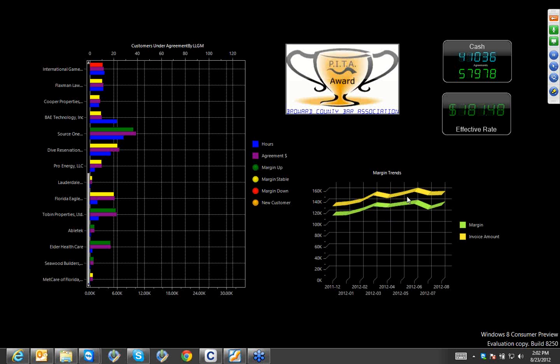The other way that I can get an idea of how we're doing financially in our managed service practice is by looking at the effective rate. The effective rate is one of those things that people are used to looking at. Basically, if I look at all of the revenue that we have coming in from agreements, and I divide that by the total number of hours that we're spending against those contracts, that's going to give me what my effective rate is.